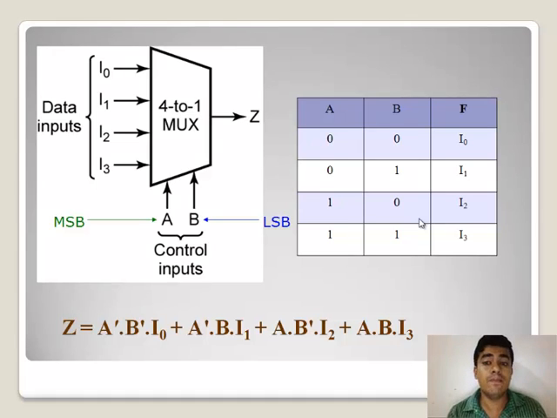And if both are high, A and B both 1, then I3 will be there. Means on the truth table it is clearly shown that whatever the controlling action by A and B, the particular input will be present at output. For that the combined equation is Z = A'B'I0 + A'BI1 + AB'I2 + ABI3.